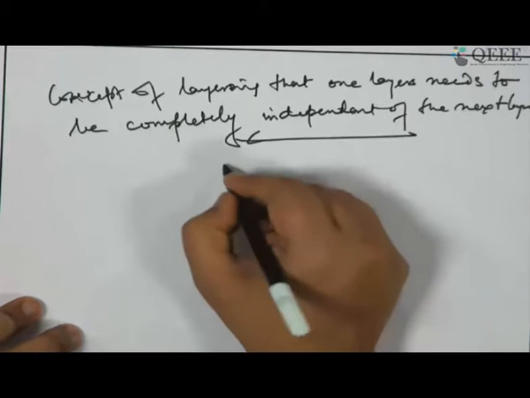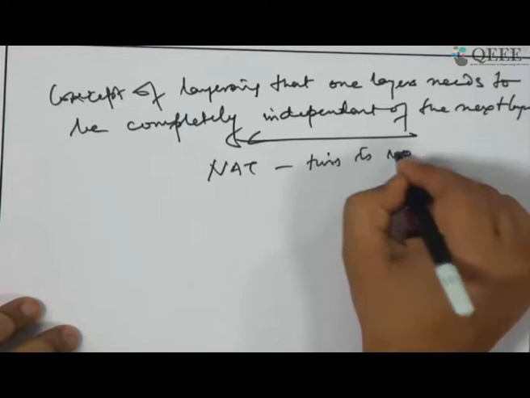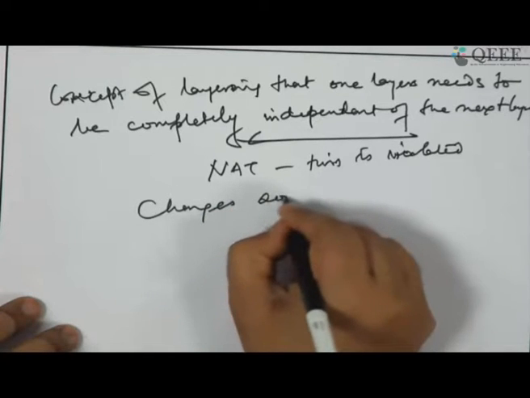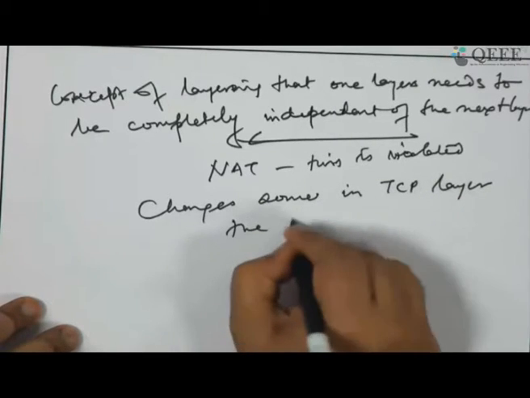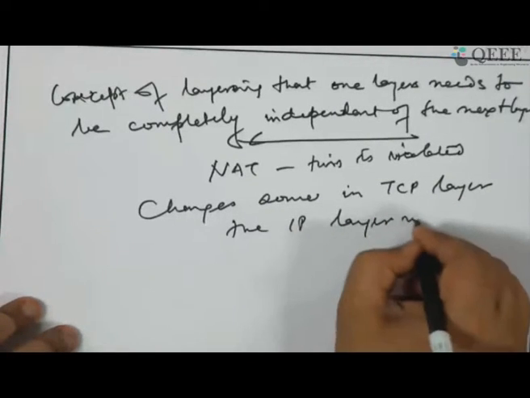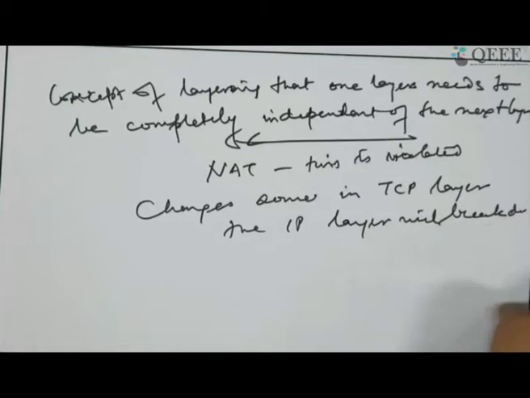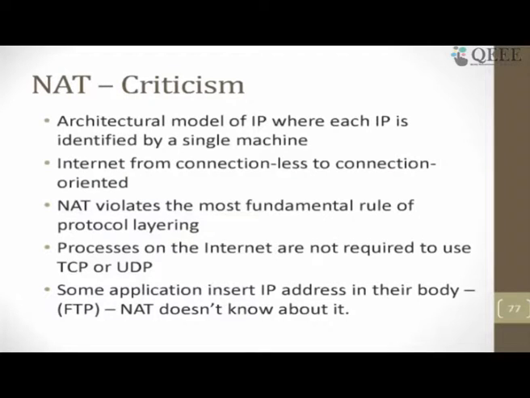Unfortunately, in NAT, this is violated. So even if you change something in the TCP layer, the IP layer will break down, which is not a very good thing. This is the number one disadvantage, and the main disadvantage. So we have written that NAT violates the most fundamental rule of network protocol layering.